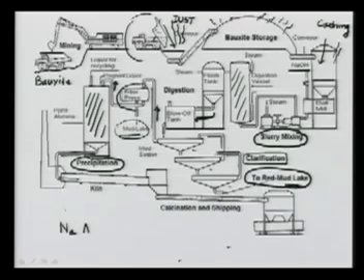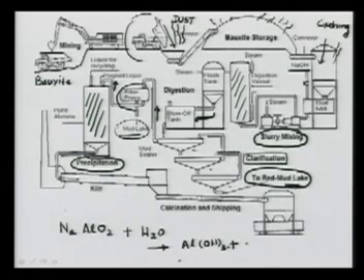What we had was sodium aluminate. If we add some excess water in there, what we form is aluminum hydroxide, plus let's not forget that we will recover the NaOH.